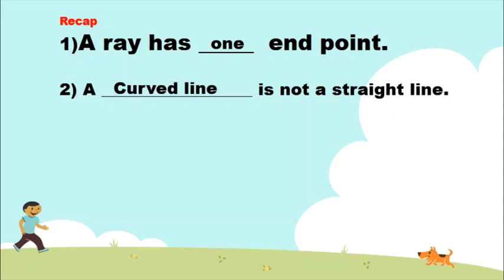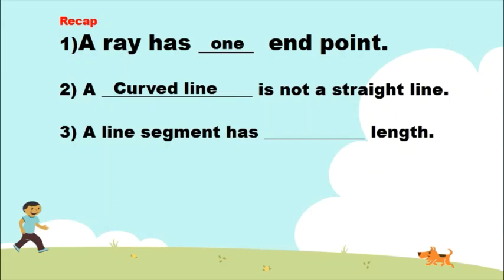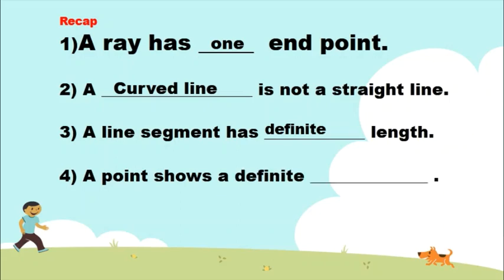A curved line is not a straight line. Now, let us see the third one. A line segment has dash length. What is it? It has a definite length. Now, the fourth one. A point shows a definite dash. What does a point show, children? You're right. It is the position.